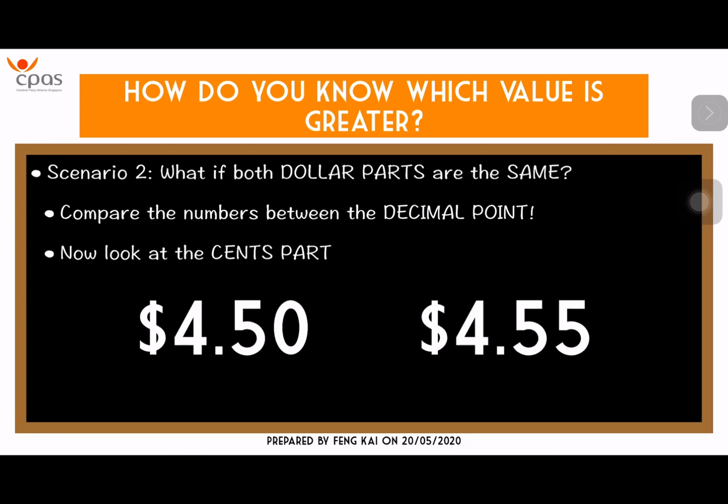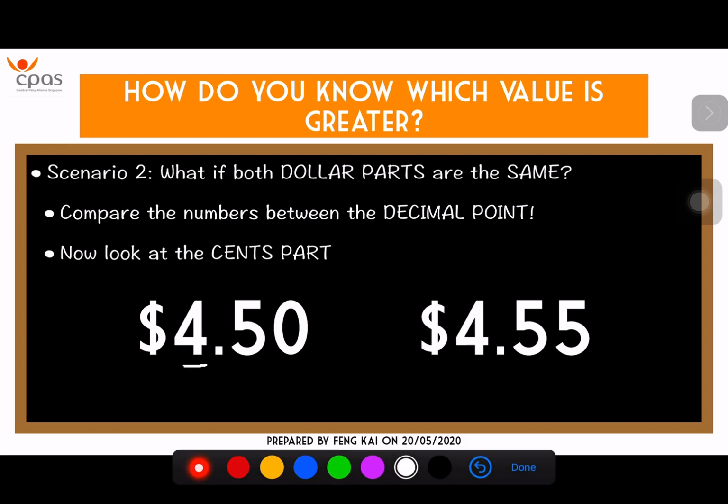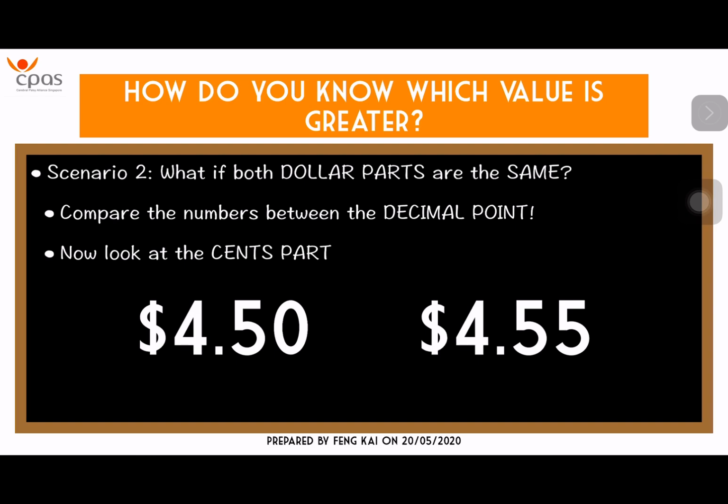Now let's look at the second scenario. What if both dollar parts are the same? In this case, the dollar part numbers are 4 and 4, on the left hand side of the decimal point. They are both the same numbers. If both numbers are the same, you are going to look at the cents part. So look at the 50 and look at the 55.